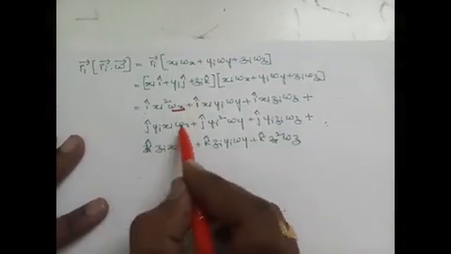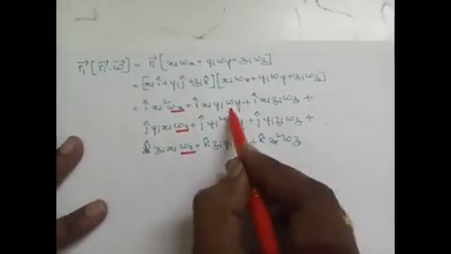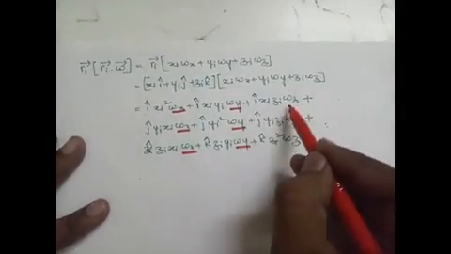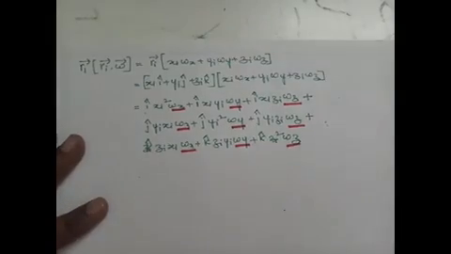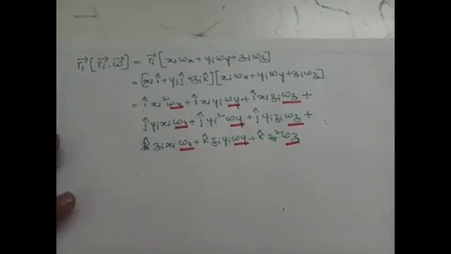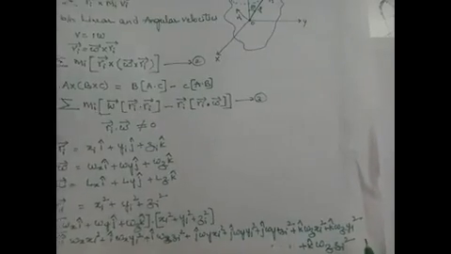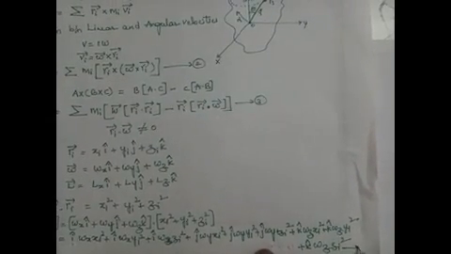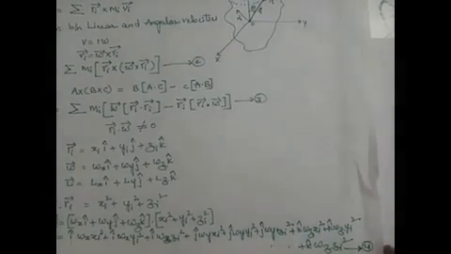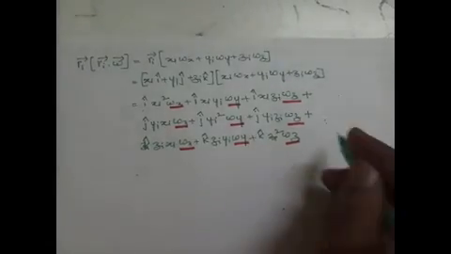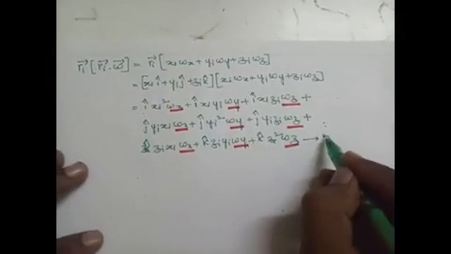See here: omega x, omega x, omega x, omega y, omega y, omega y, omega z, omega z. In the previous case, we assume this is equation number 4 and another one is equation number 5.